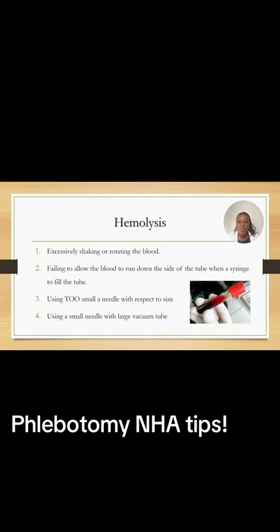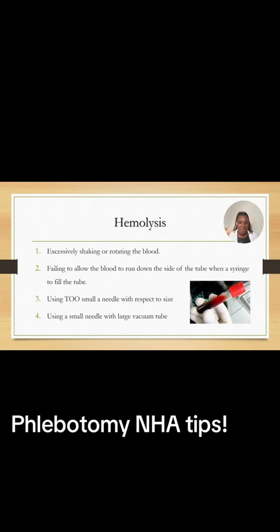Using a small needle with a large vacuum. So if I'm using a 23 gauge with a big tiger top and it goes slow, yeah, our specimen may be hemolyzed. So when we look at hemolysis or hemolyzed blood, I want you to think of these tips.